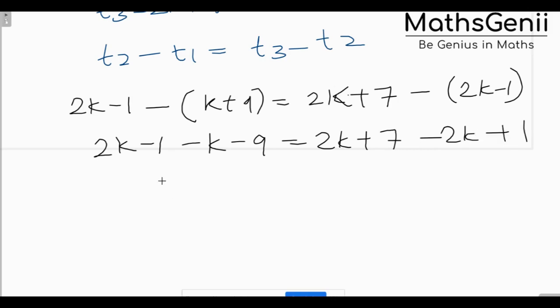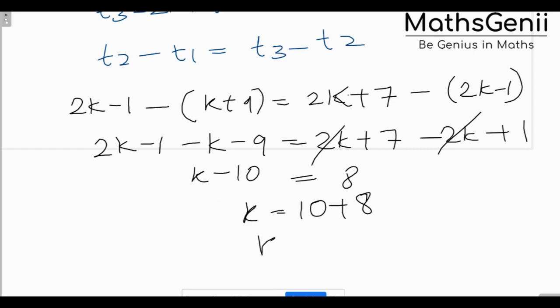Now you solve this, K one side, numbers other side, and when you solve it completely, what you get is K is minus 10. This plus 2K minus 2K gets cancelled. 7 plus 1, 8. K is equal to plus 10 plus 8. Minus 10 goes that side, becomes plus. This was also a simple question that we have done earlier.